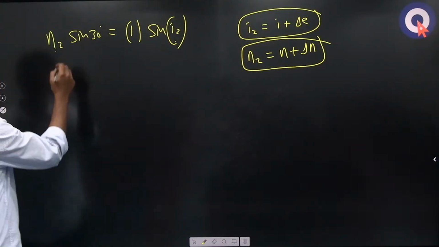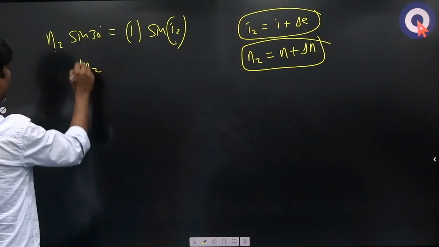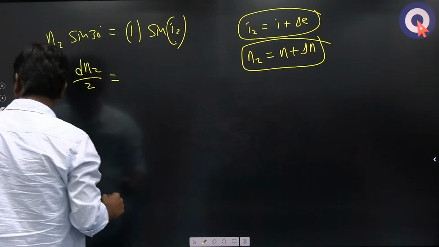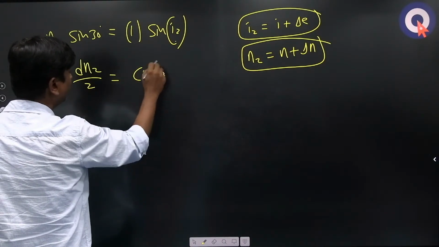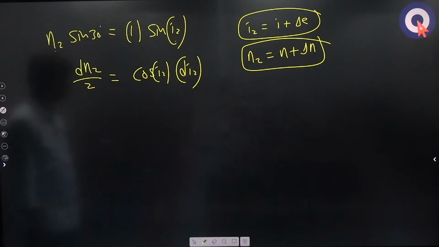Sin 30, 1 by 2, into d of N2 is equal to the differentiation of sin of I2, which is cos of I2 into d of I2, right?